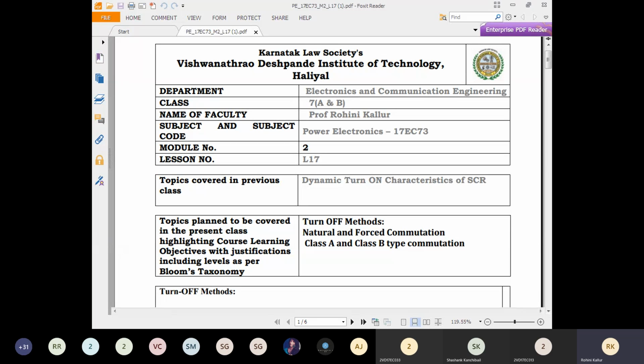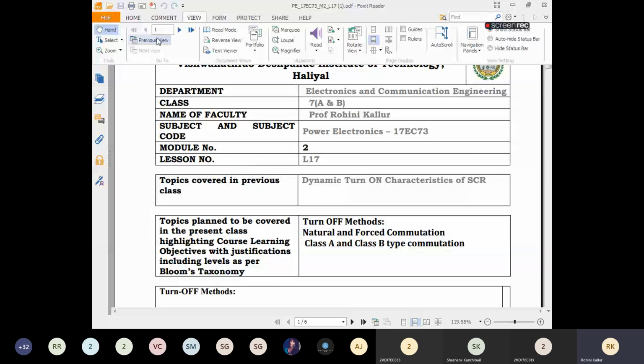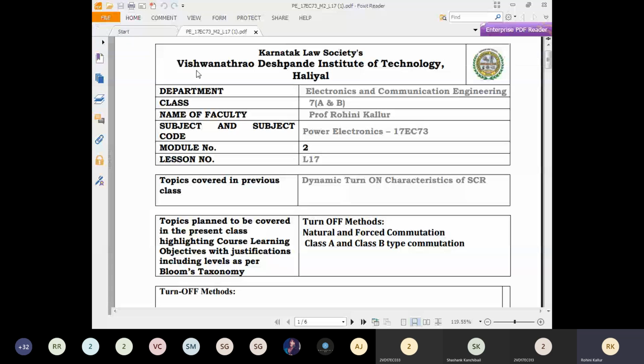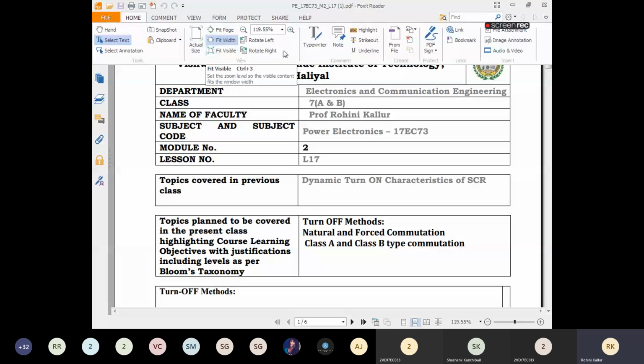So by doing this, we are not getting the complete control over the SCR. Whenever I want it to be turned off, I need to go into a concept called commutation.